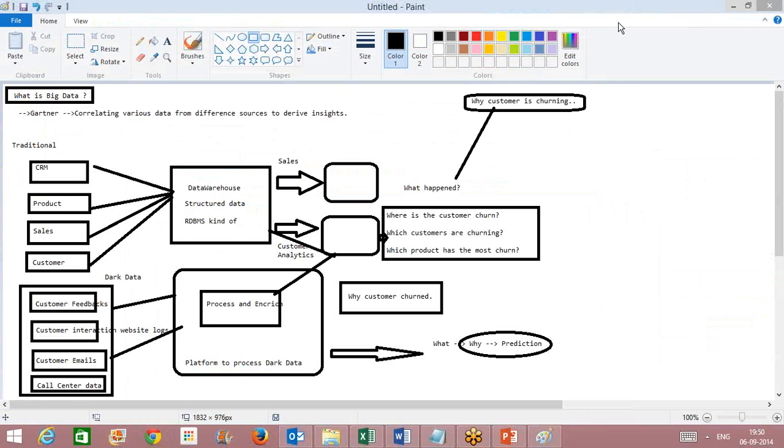So these kinds of insights we can get by analyzing the data which exists within the enterprise but which has not been used till now because there was no platform to process large scale data which is unstructured and which is lying around within the enterprise. So this is all structured data. Any questions? Or is it clear?